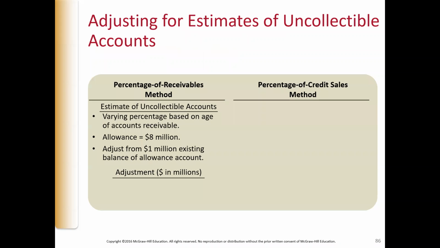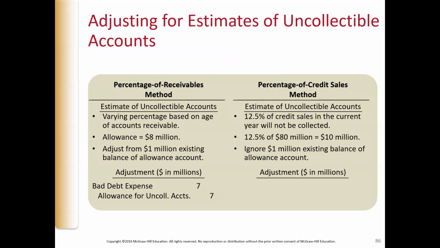Now, doing it in either way, when we do the percentage of receivables method, we do an adjustment because we had a credit balance. Therefore, we only show the bad debt expense of 7 million. But when we do a percentage of credit sales, we don't care about that extra 1 million sitting as a credit because we're not doing the receivables method.